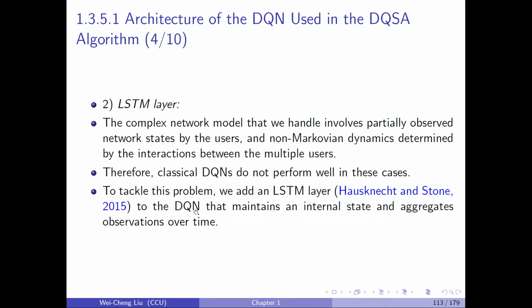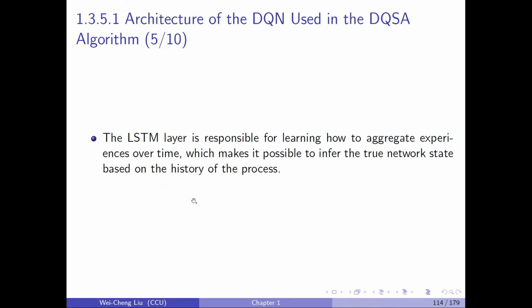It gives the DQN an internal state that aggregates observations over time. The LSTM layer is responsible for learning how to aggregate experiences over time, which makes it possible to infer the true network state based on the history of the process.